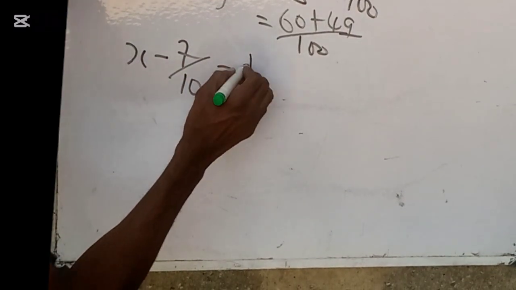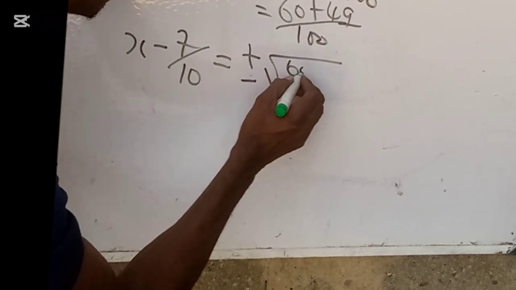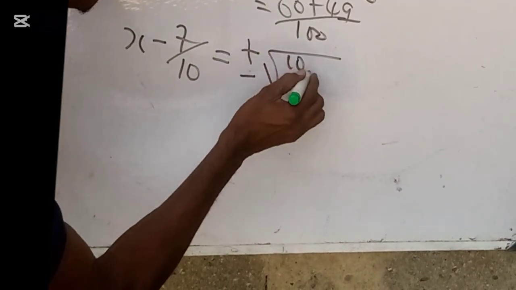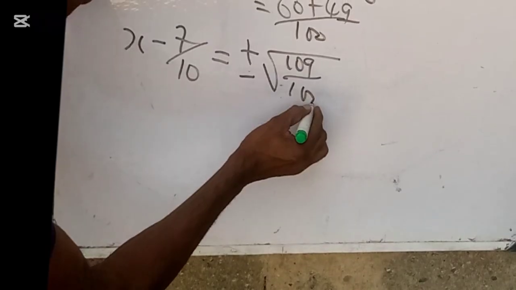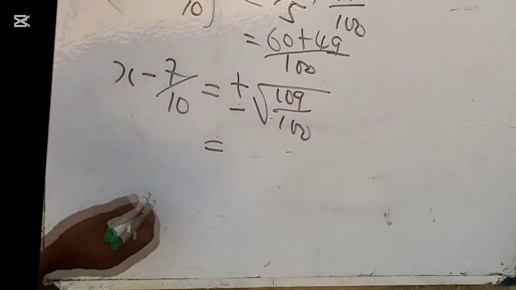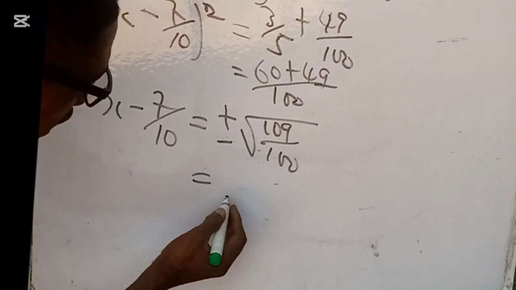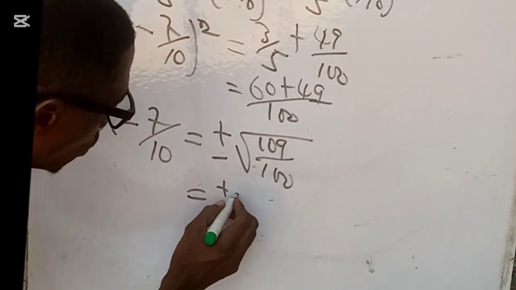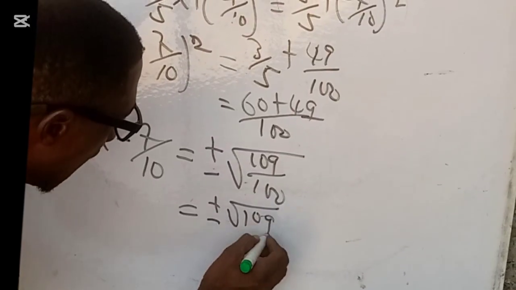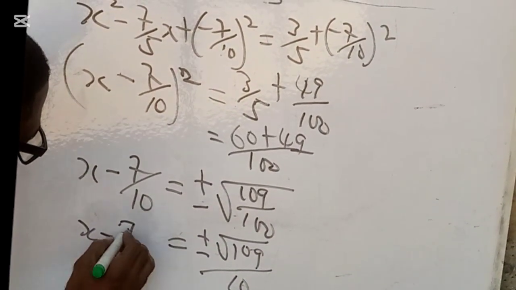To do that, I'll introduce plus or minus root 109 over 100, if I add up 60 plus 49. Now, the root of 100 is 10. So I have plus or minus root 109 over 10. Then this gives me x minus 7 over 10.